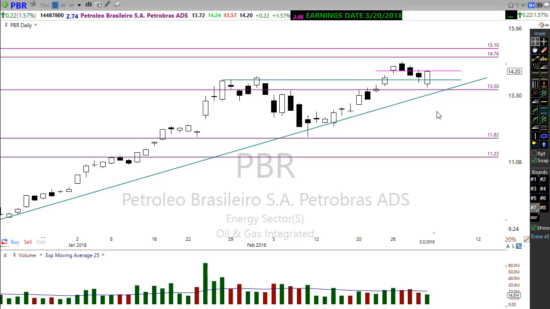Why is it that 100 people can make a trade on the same stock? Some people make money and some people lose money. Proper entry.